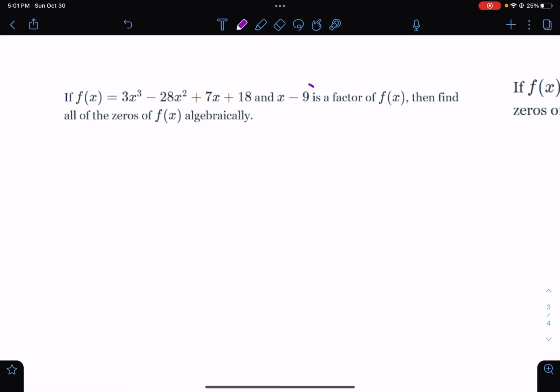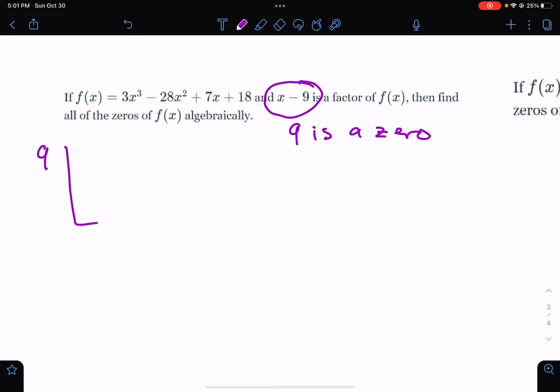In this case, they told us that x minus 9 is a factor. So if x minus 9 is a factor, that means that 9 is a 0. So what we can do is, again, use synthetic division to divide 9 into there, and we should end up with a quadratic that does not have a remainder, that we can then either use the quadratic formula on or factor to continue to solve.